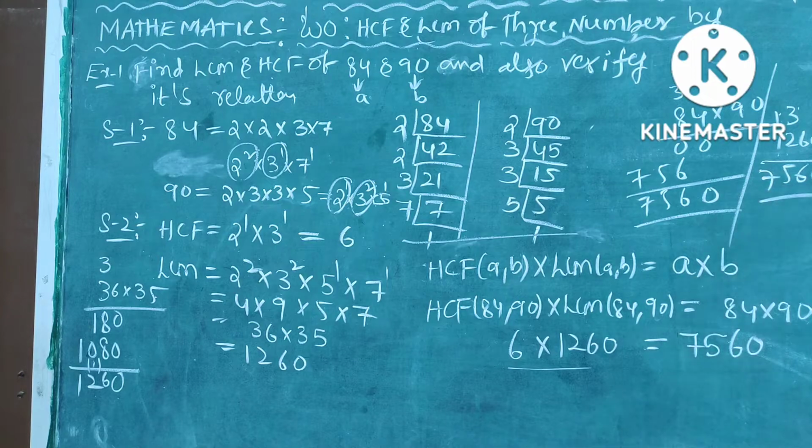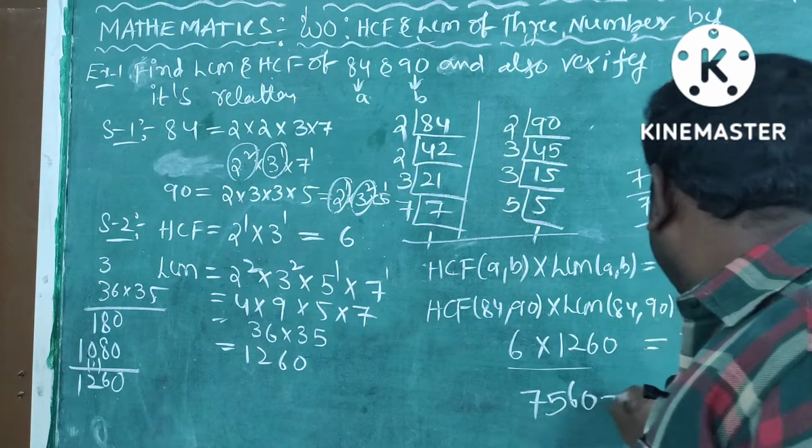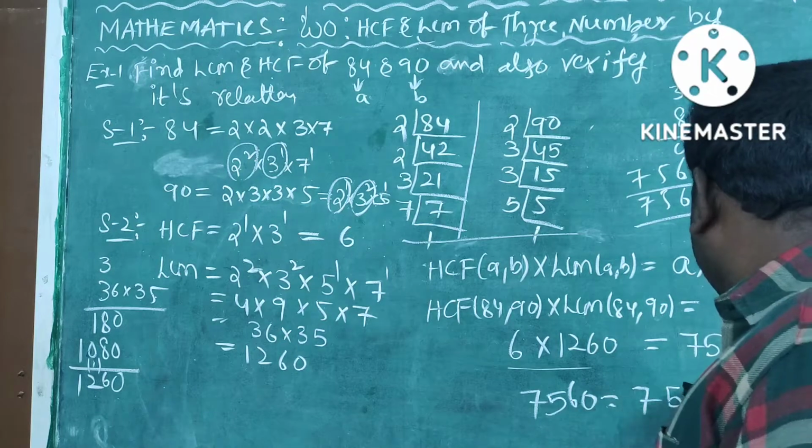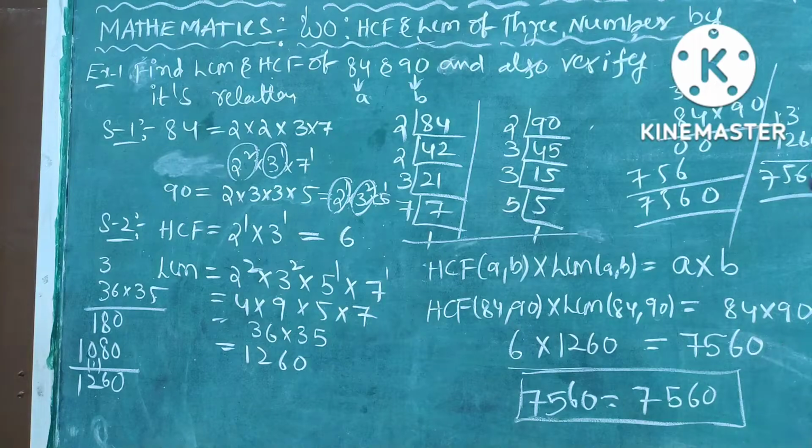So 7560. Therefore LHS is equal to RHS. The relation is verified.